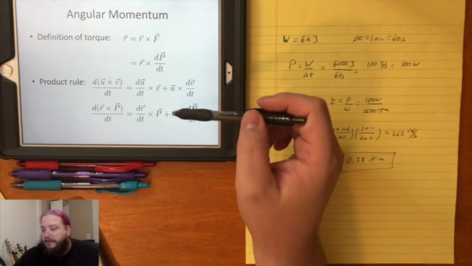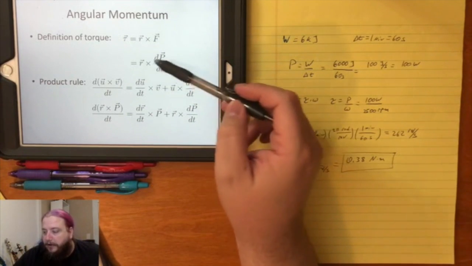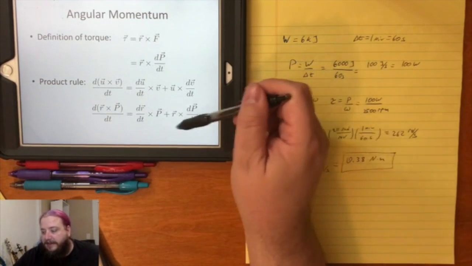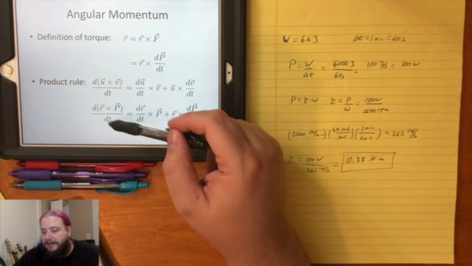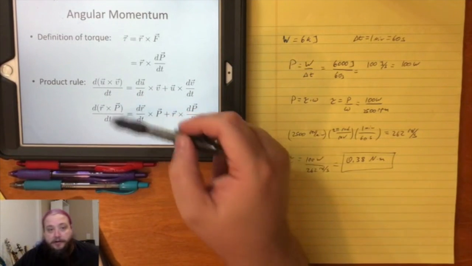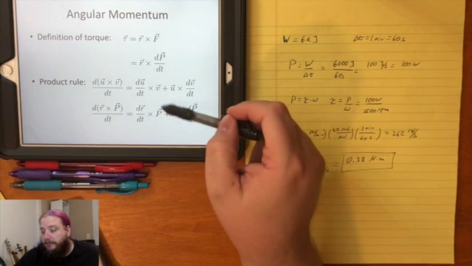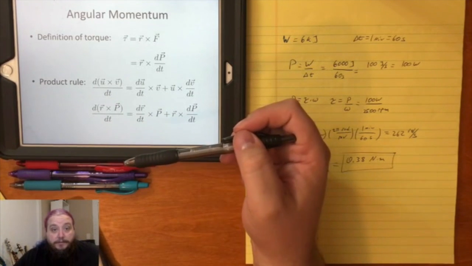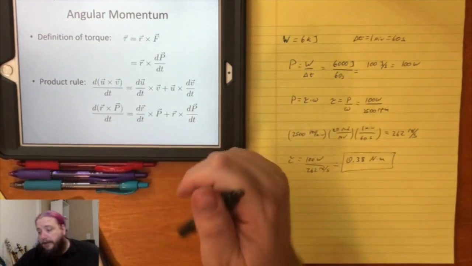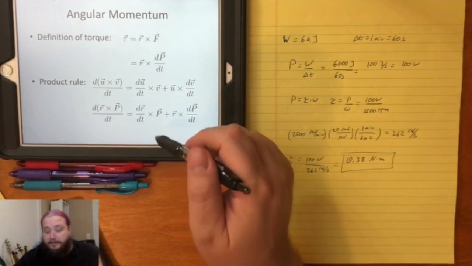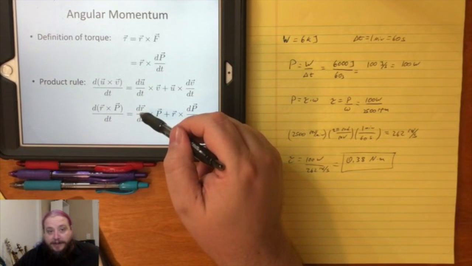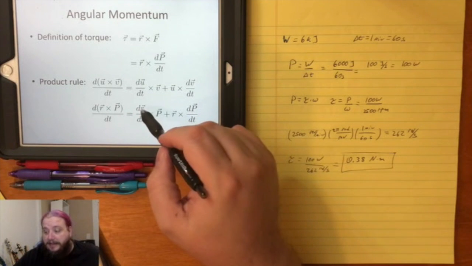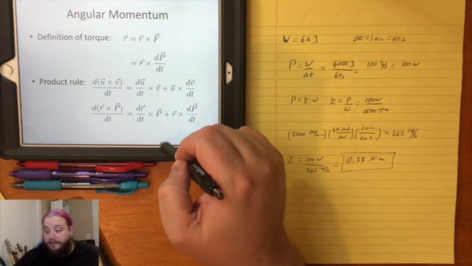The whole reason for doing this is that the second term here, r crossed with dp dt, looks like the second term you would get if you tried to take the time derivative of a quantity r cross p. And the first term here, dr dt cross p, is 0, because dr dt is velocity, and velocity and momentum are in the same direction, and the cross product of two vectors that point in the same direction is 0.